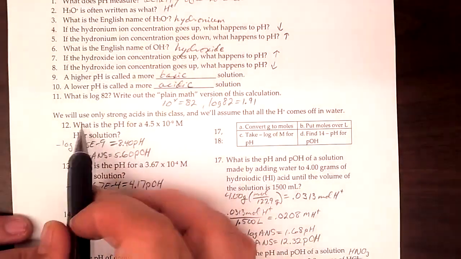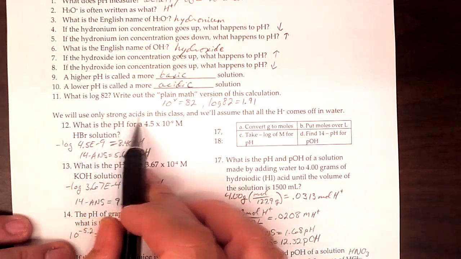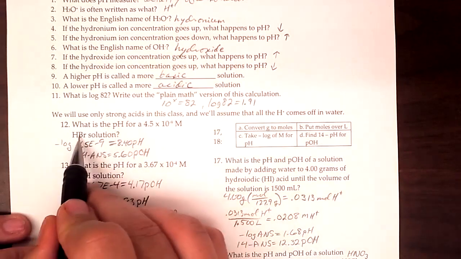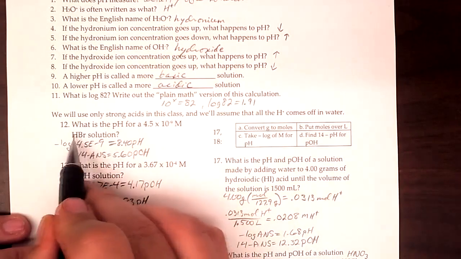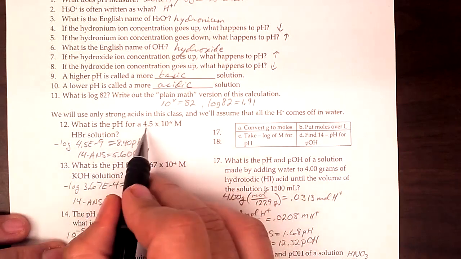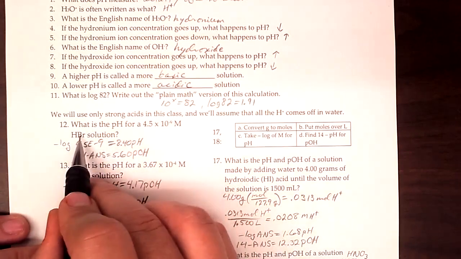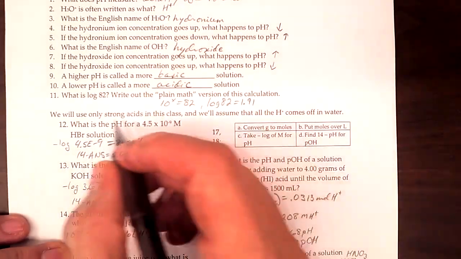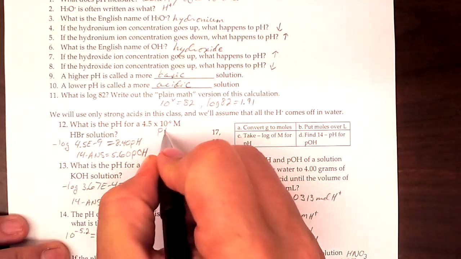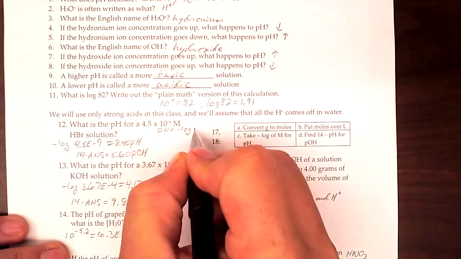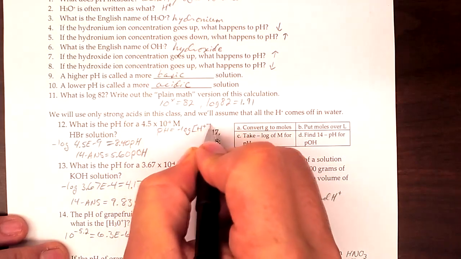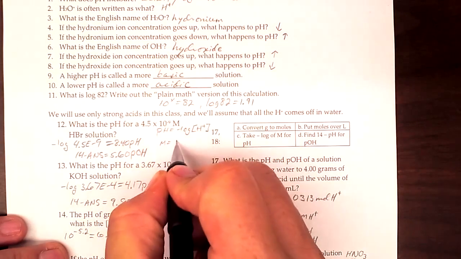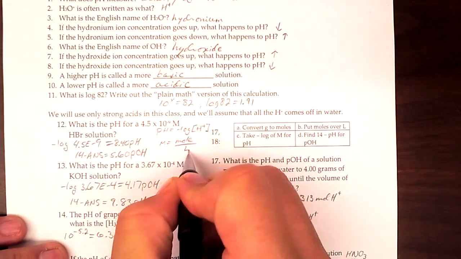So what's the pH for this solution? Well, we're only going to use strong acids in this class, and we'll assume that all the H pluses come off. So if you have 5 of these, you'll get 5 H pluses. If you had 20 of these, you get 20 H pluses. That means we can just borrow this molarity as the H plus molarity. So pH equals negative log of the H plus molarity, where brackets mean molarity, and molarity is moles per liter.